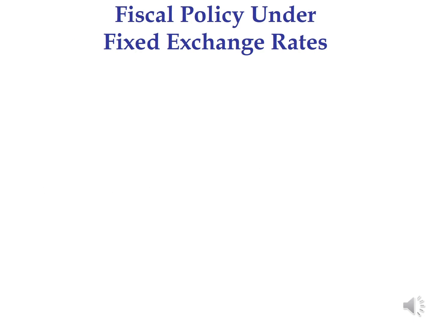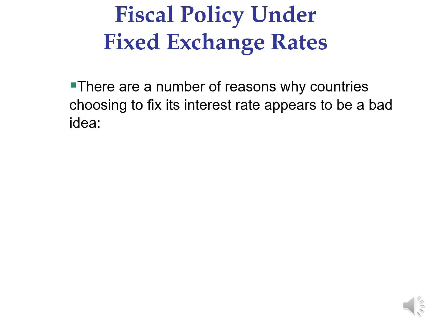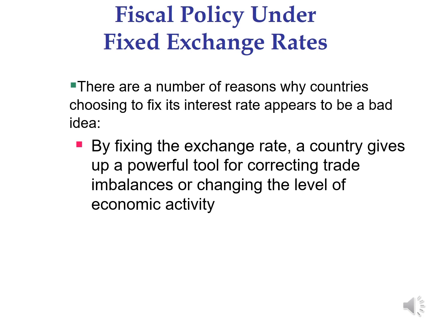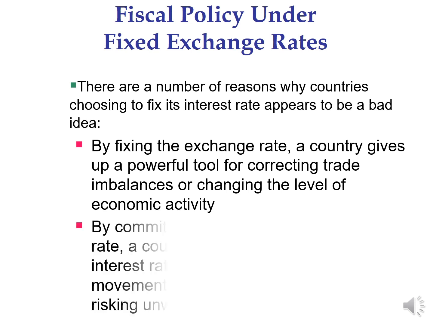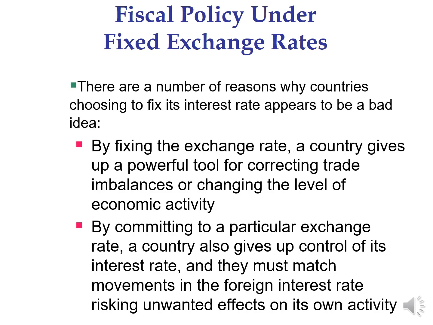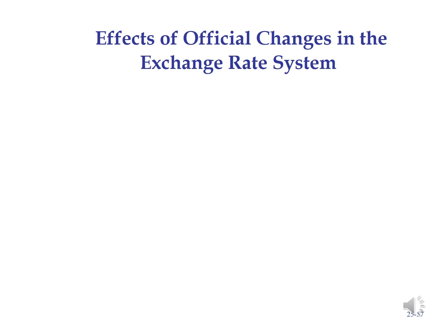Fiscal policy under fixed exchange rate. There are a number of reasons why a country choosing to fix its exchange rate appears to be a bad idea. By fixing the exchange rate, a country gives up a powerful tool for correcting trade imbalances or changing the level of economic activity. By committing to a particular exchange rate, a country also gives up control of its interest rate and must match movements in the foreign interest rate, risking unwanted effects.